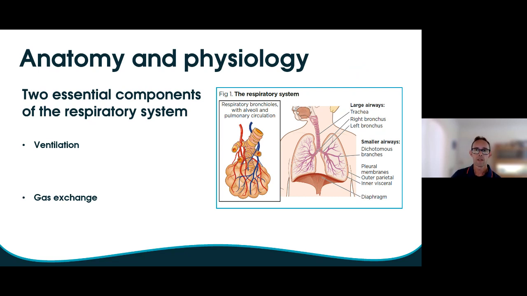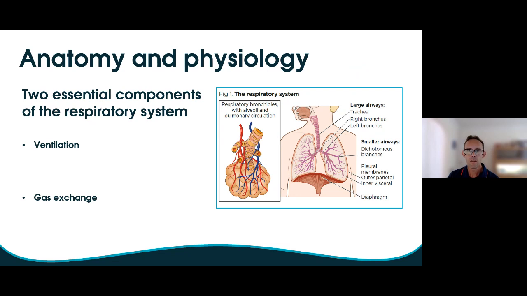The lungs themselves are situated within the rib cage, enclosed by two pleural membranes. And at the base of the thorax, separating it from the abdominal cavity, lies the diaphragm. This is the main muscle of inspiration and is innervated by the phrenic nerve. The lungs are made up of large and small airways, the trachea being the largest and first of the 23 generations of airways.